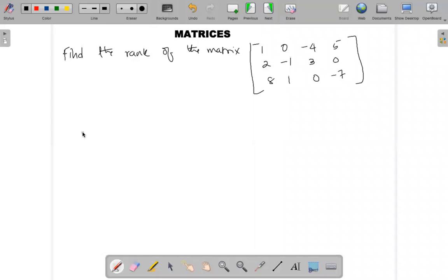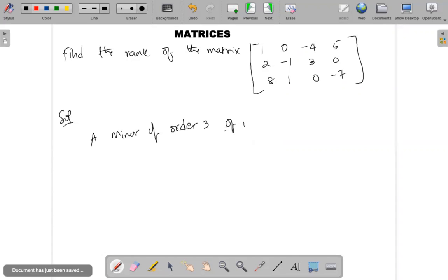So let us find the rank of the matrix. A minor of order 3 of A is [1, 2, 8; 0, -1, 1; -4, 3, 0].